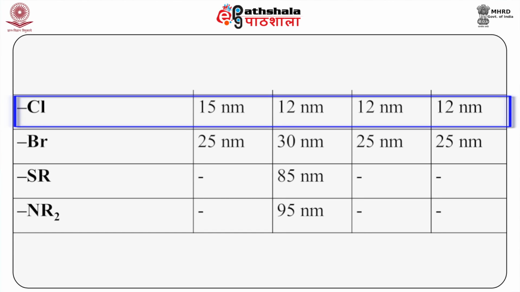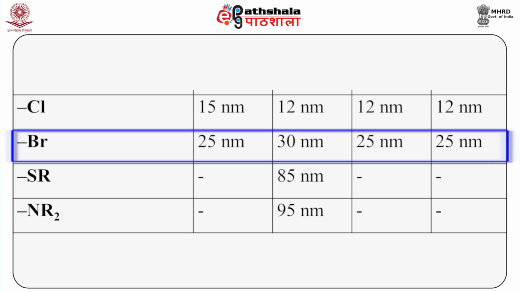For chloro substituents, alpha 15 nanometers, beta 12, gamma 12 and delta 12 again. For bromo substituents, the increment will be 25 in the alpha position, 30 for beta, 25 for gamma and 25 for delta position.